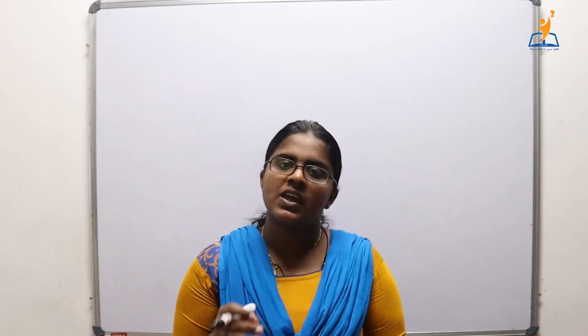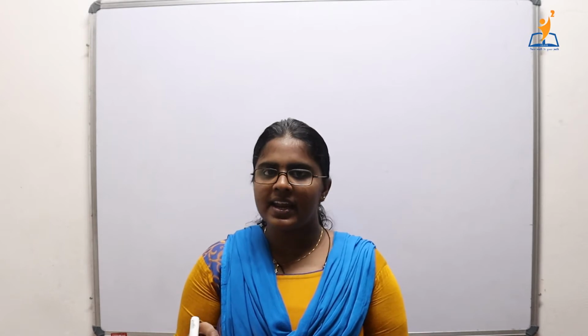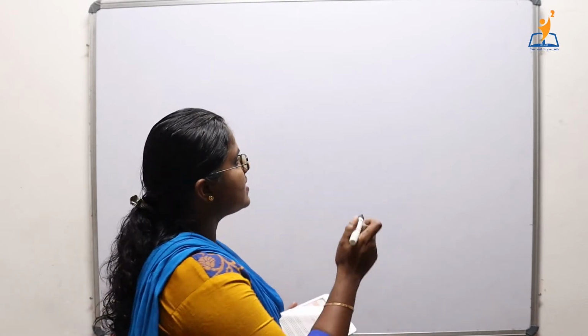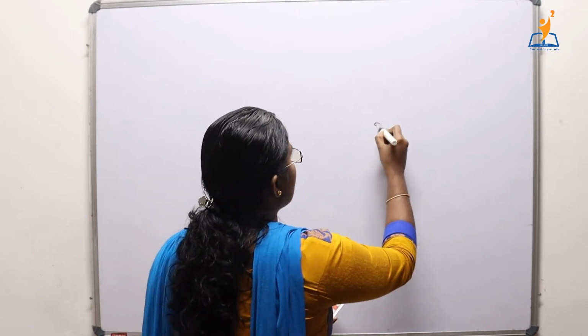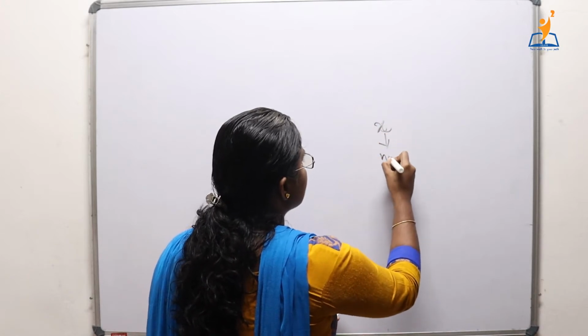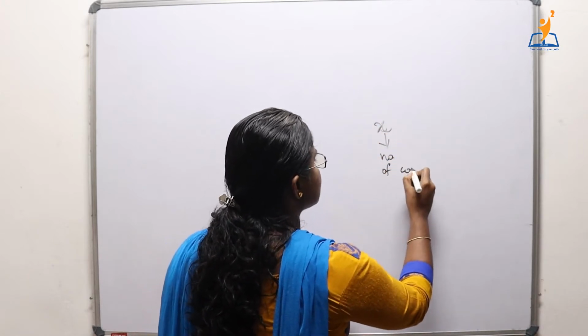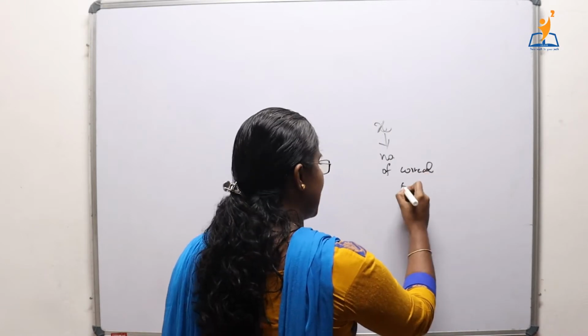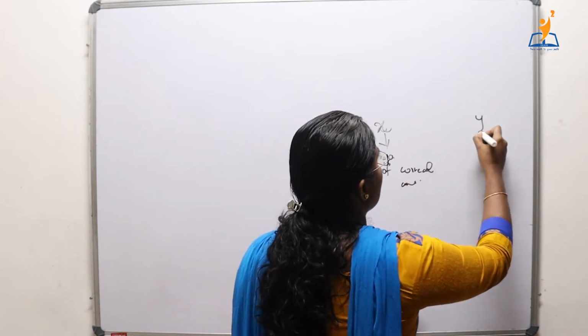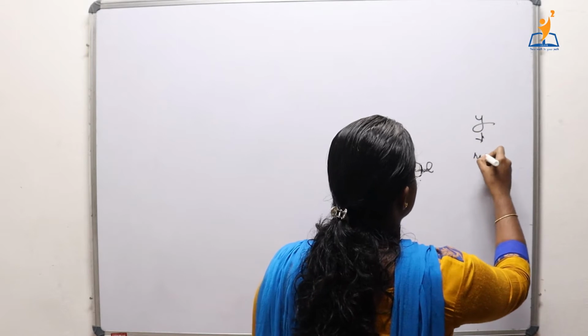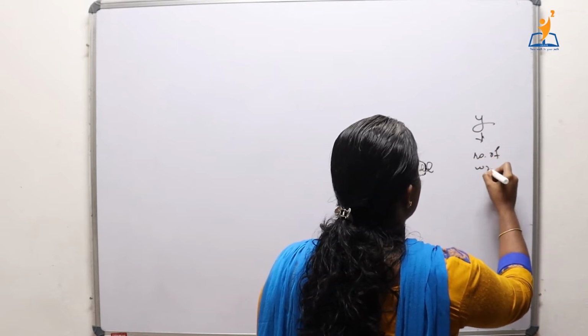Here, the marks are given based on the correct answers and incorrect answers. So, let X be the number of correct answers, and Y be the number of wrong answers.